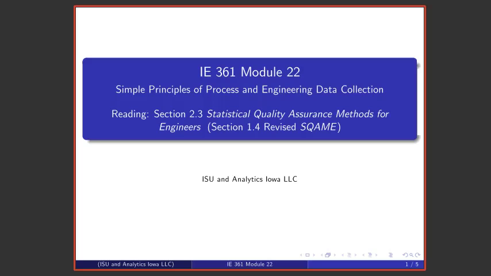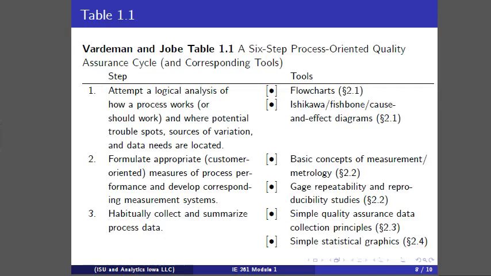Welcome to Lecture 22 in the series of modules on statistical quality assurance and statistical process improvement. We're to the point in this series of talking about simple data collection.